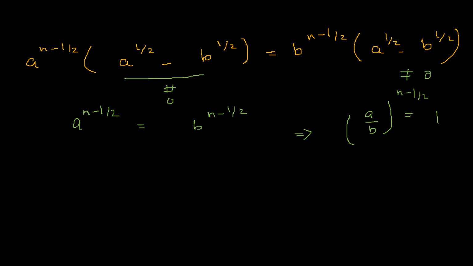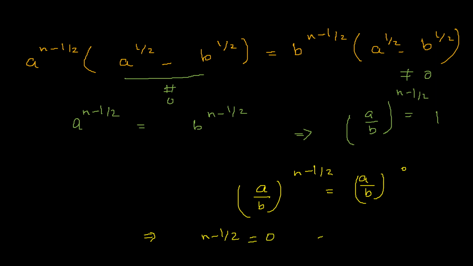So same argument works here, (a/b)^(n-1/2) equals (a/b)^0, which implies n-1/2 equals 0, and this implies n equals 1/2. So this is the required value for n.